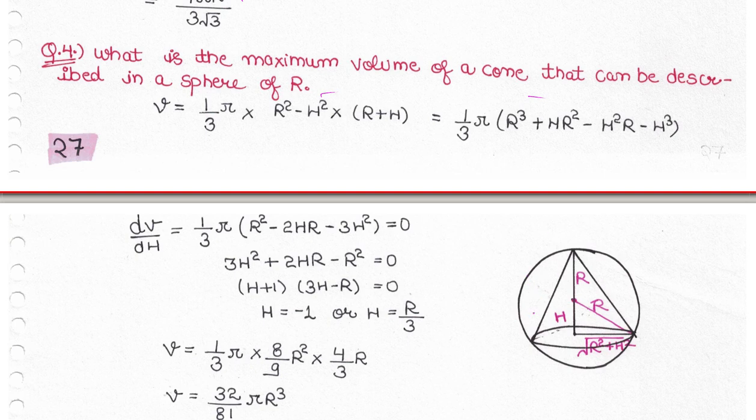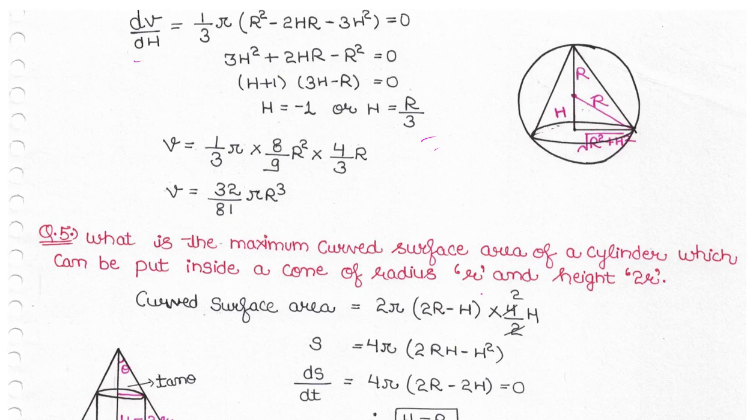Using this figure, we can write the volume as 1/3 π(r² − h²)(r + h). The rate of change of volume with respect to height gives h is equal to r by 3. So the volume is 32 by 81 π r³.